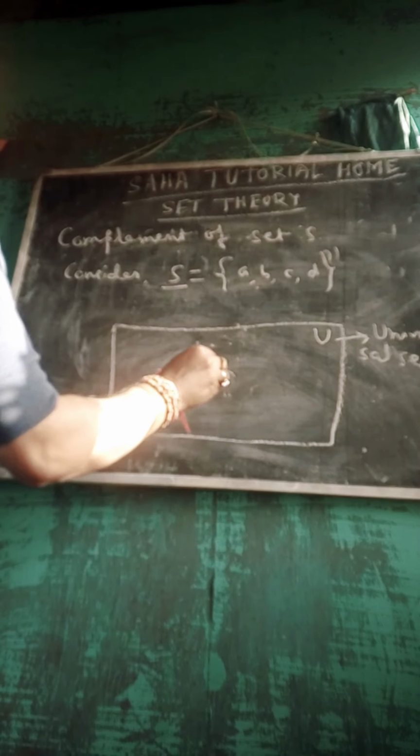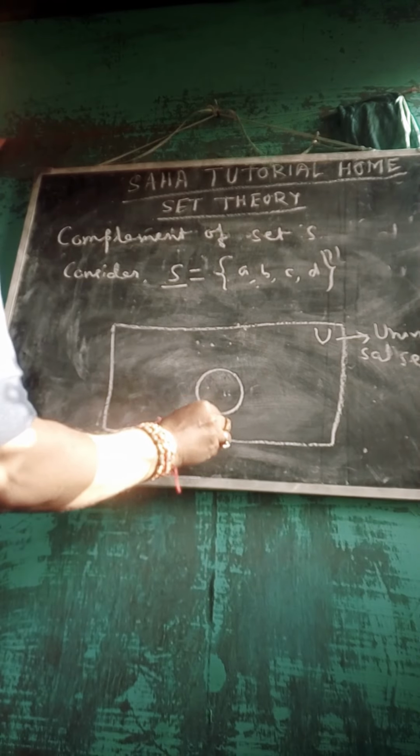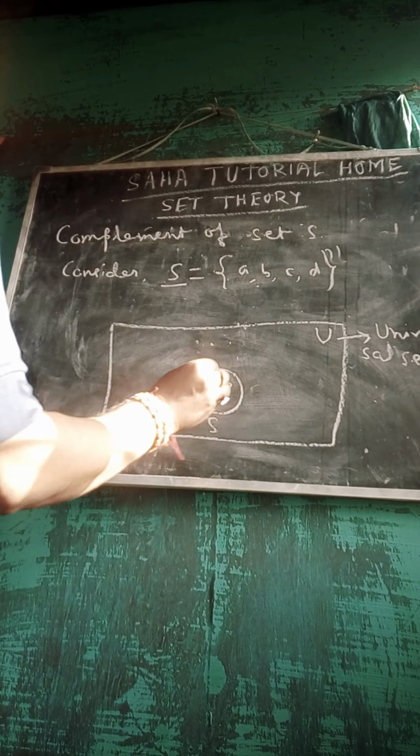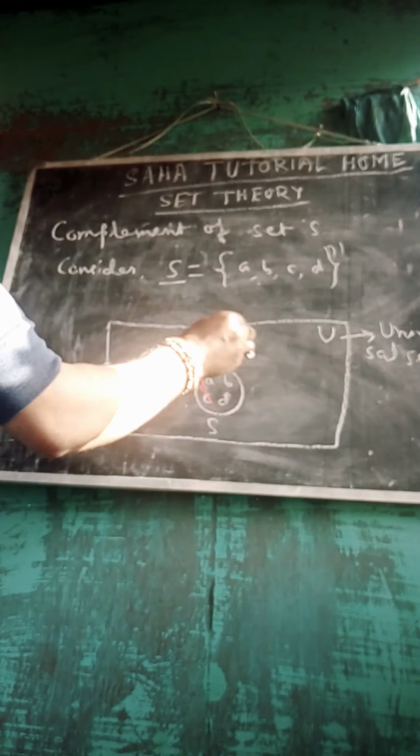So you can take S, this is S, and the 4 elements A, B, C, D exist in this universal set.